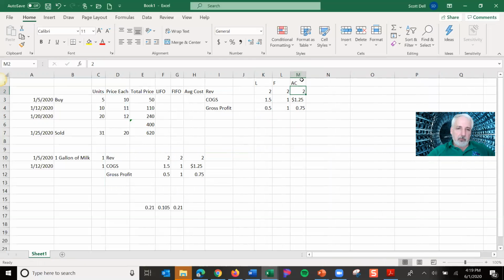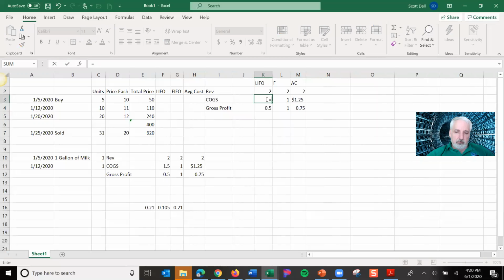What are we doing here? If we take our cost of goods sold, we can look and say, on a LIFO basis, we have to take this amount. We sold 20 of these, and we sold 10 of these, and we sold 1 of these times the original price.